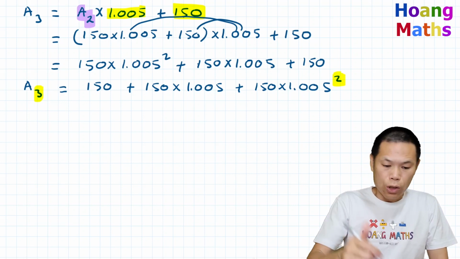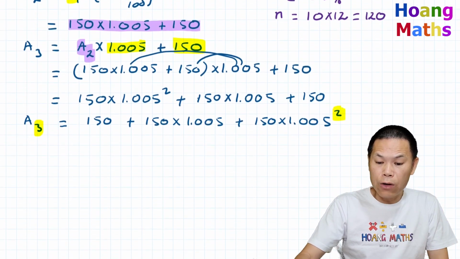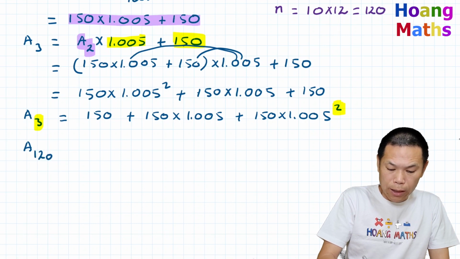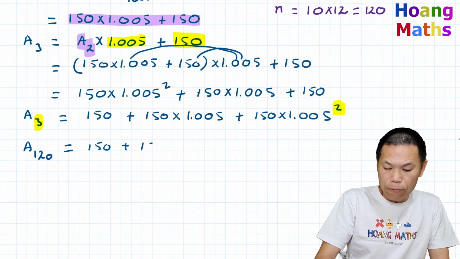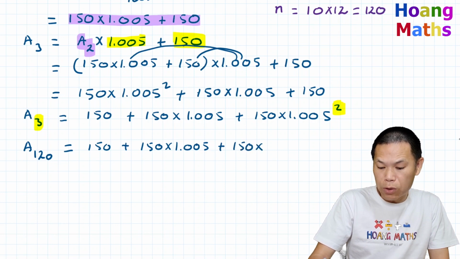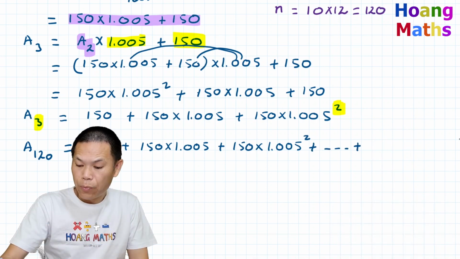So therefore, we need to work out at the end of 120 months. So A120. So therefore, we have 150, we add 150 times 1.005, add 150 times 1.005 squared, all the way to 1.005 power of 119.